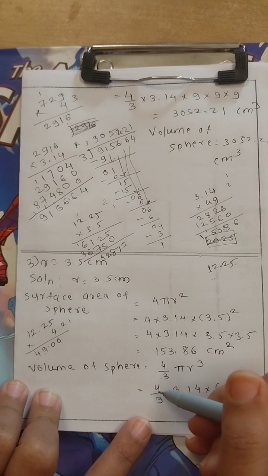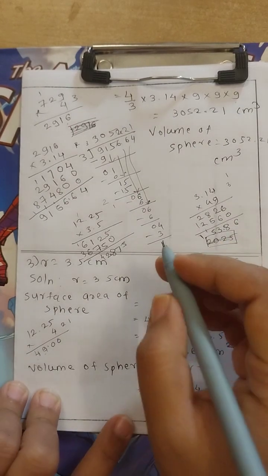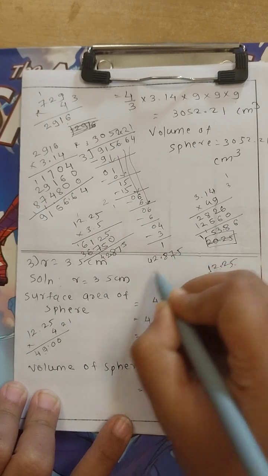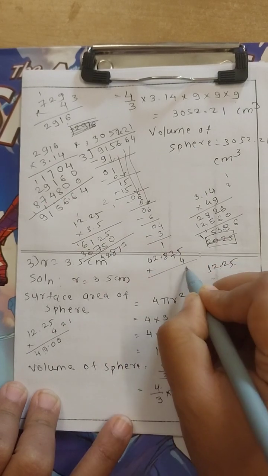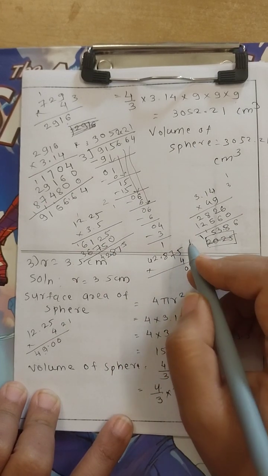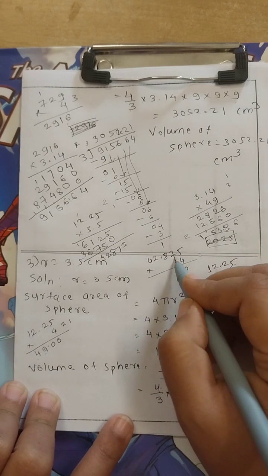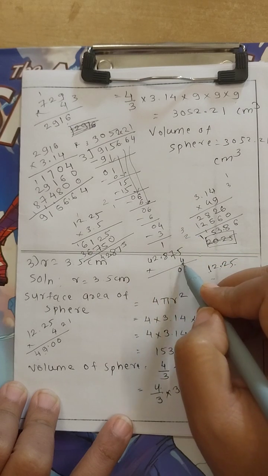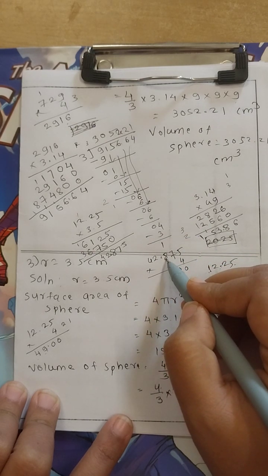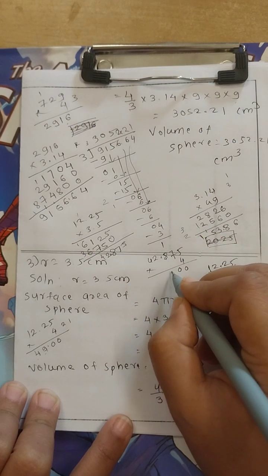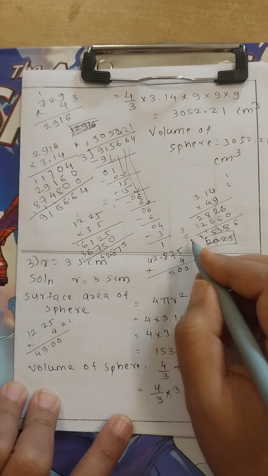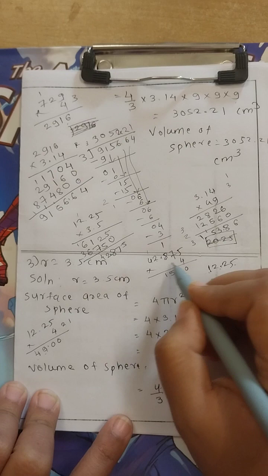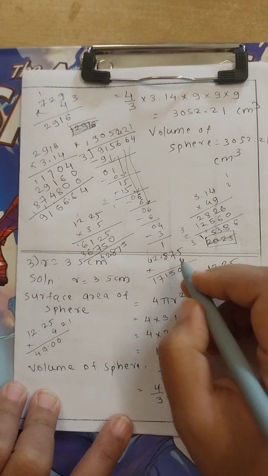Now you have to multiply it by 4. 42.875 into 4. 4 5s are 20, 0 carry 2, 4 7s are 28 plus 2, 30, 0 carry 3, 4 8s are 32 plus 3 is 35, carry 3, 4 2s are 8, 8 plus 3 is 11, carry 1, 4 4s are 16 plus 1 is 17.